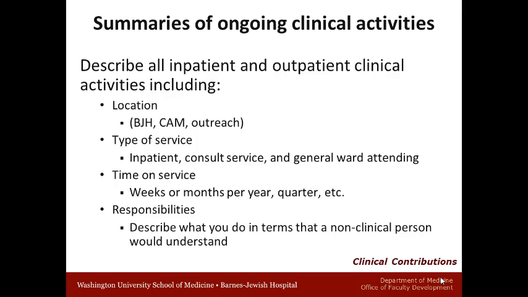So we want to include the location, so whether it's Barnes-Jewish Hospital or is your clinic at the CAM. If you have a clinic at the CAM and at one of the off-campus sites, make sure you include those. What type of service? Inpatient, consult, general ward attending. So, you want to list the inpatient consult as a different section than the outpatient because you're doing two different things.